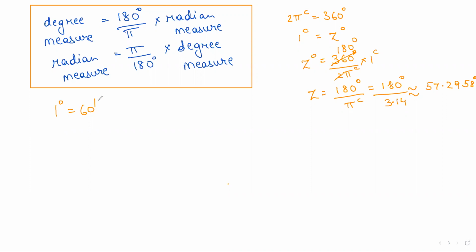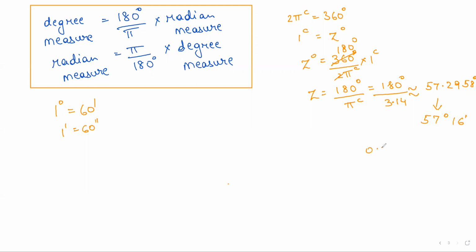Similarly, 1 minute is equal to 60 seconds. Seconds is a double dash. So you can convert this into minutes if you like. It will give you approximately 57 degrees and 16 minutes.